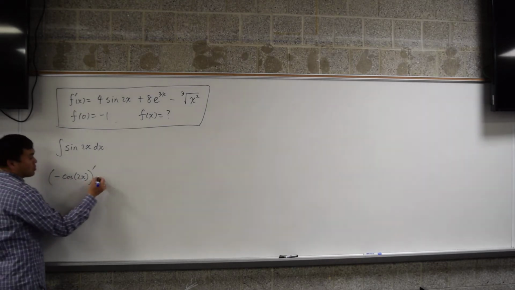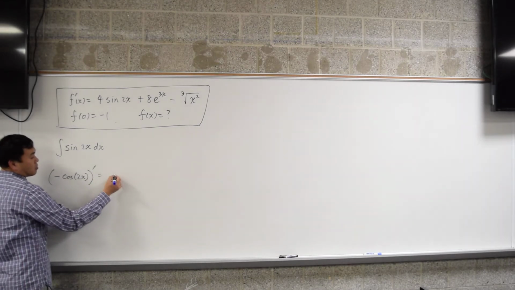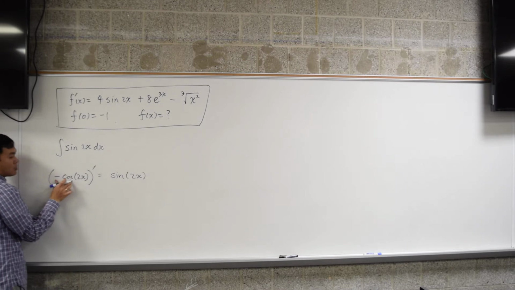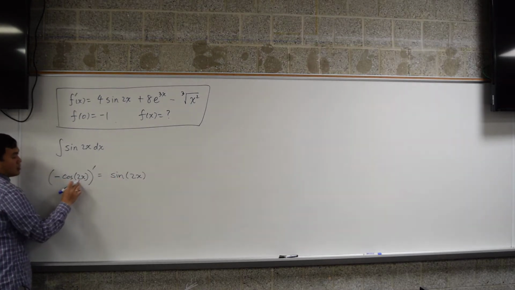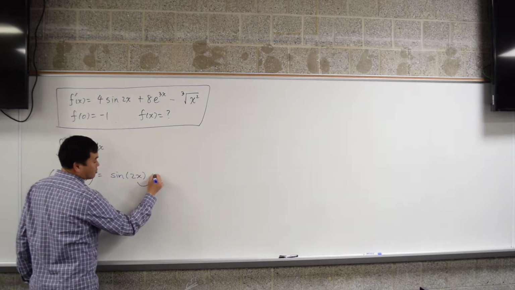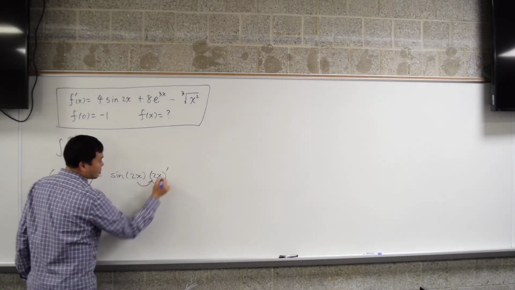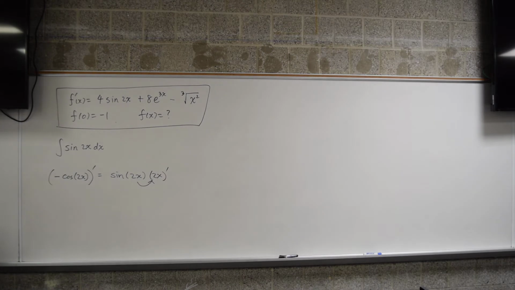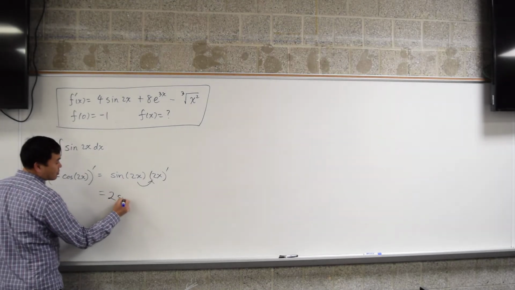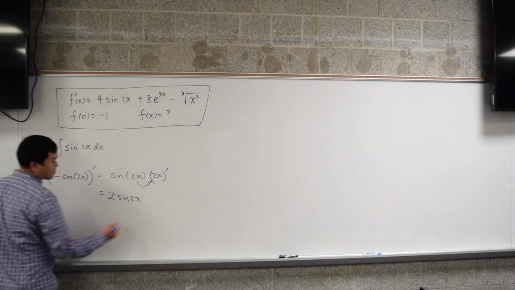Negative cosine gives you positive sine. So outside function differentiates to sine. Inside function you don't change, but the inside function has to be brought outside, and you have to differentiate that. Whose derivative is equal to 2, so you end up with twice of sine 2x.